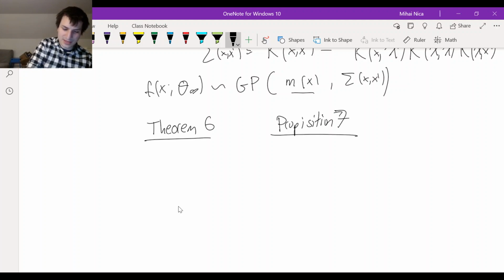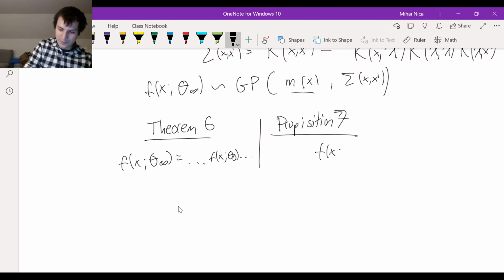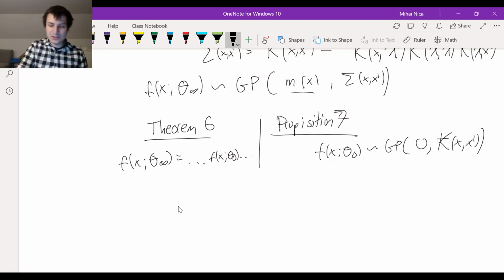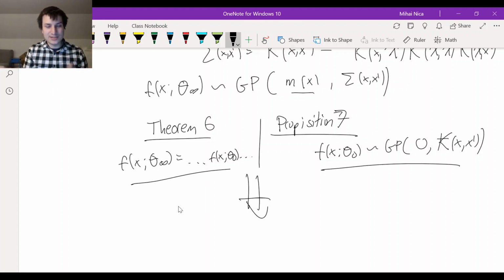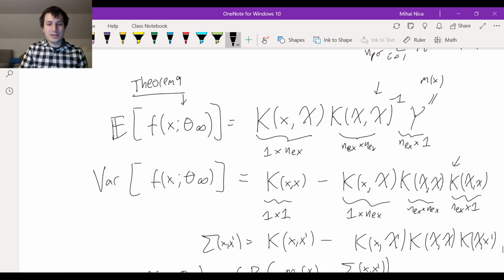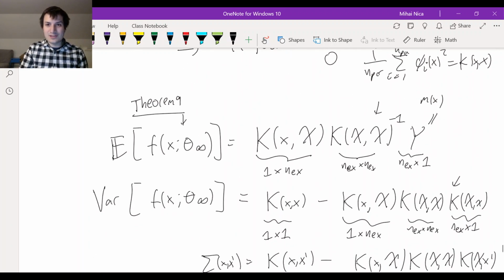Theorem 6 says f of x theta infinity equals some explicit thing involving f of x theta 0. And Proposition 7 says f of x theta 0 is a Gaussian process of mean 0 and covariance k. This is an explicit formula, and this tells you explicitly what happens at initialization. You combine them, you get Theorem 9. So that's the short version.